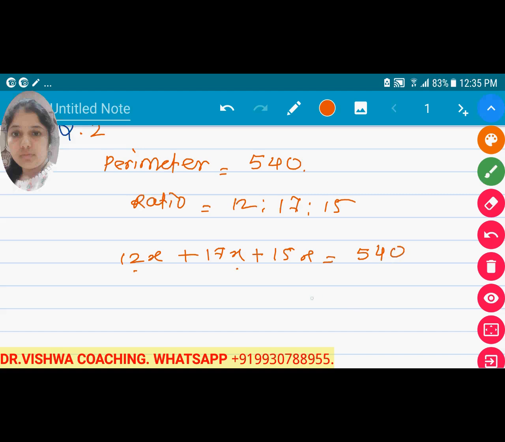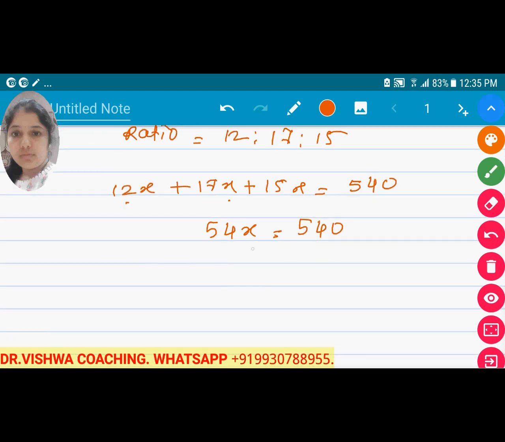So 12x plus 17x plus 25x is equal to 540, because one common number is multiplied with all three sides, so that we get the ratio of their lengths as 12, 17 and 25. Now add all of them: 12 plus 25 is 37, plus 17, 54x is equal to 540. So we got the value for x. So x is equal to 10.